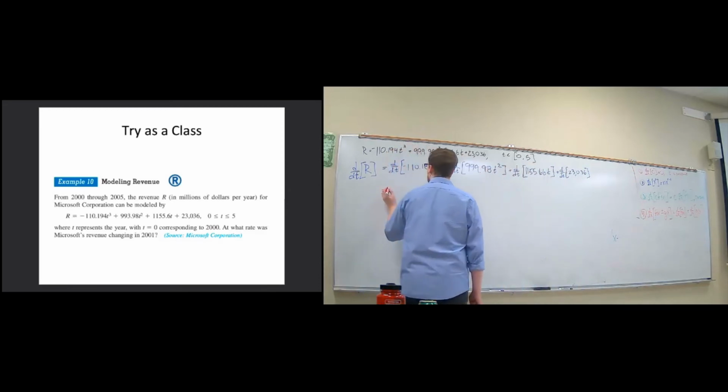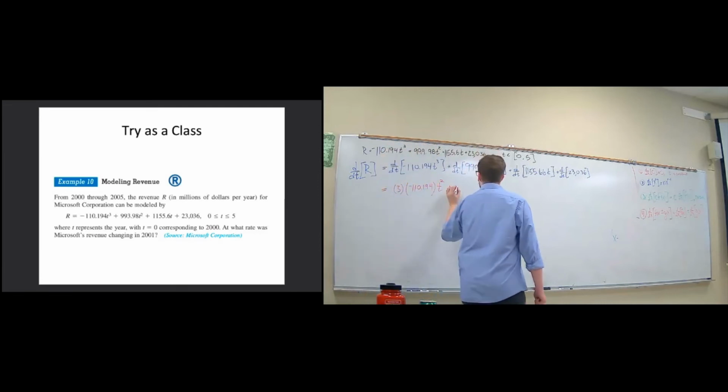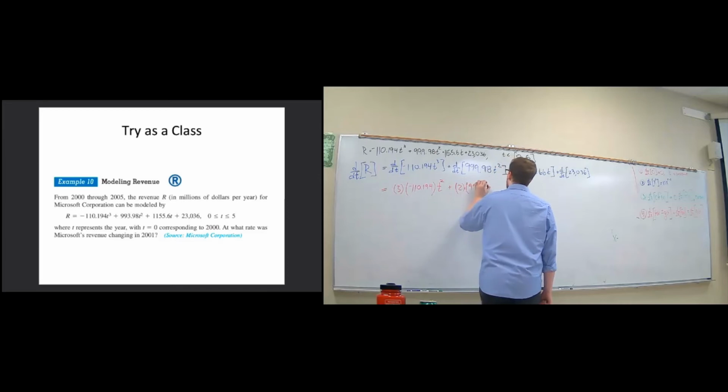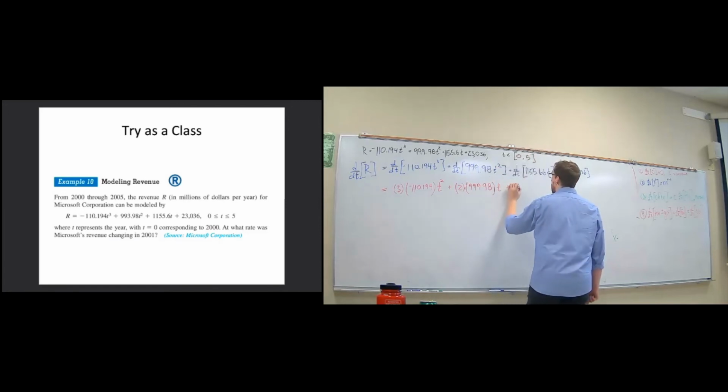Well, this is going to end up being 3 times negative 110.194 t squared, right, by power rule. Here, this is going to end up being 2 times 999.98 t, plus this term is going to have a derivative of 1155.66, and this term has a derivative of 0.